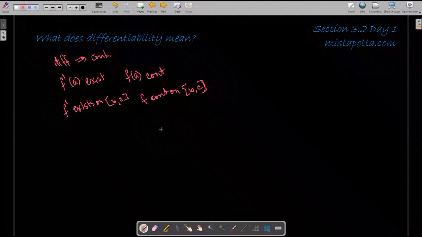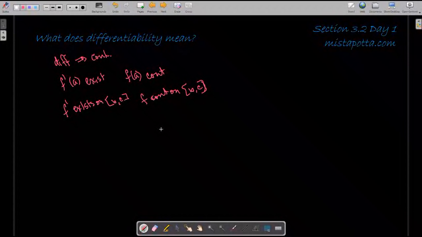So the fact that a function is differentiable actually tells me a little something about whether or not my function is continuous. It tells me that it is. So knowing that a derivative exists gives me continuity for free.